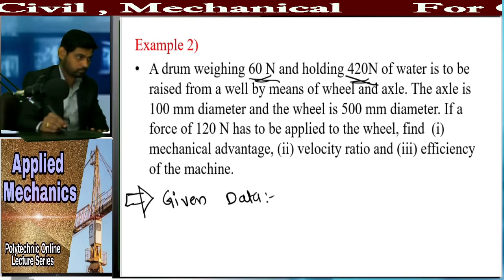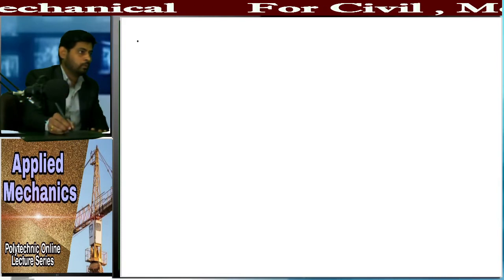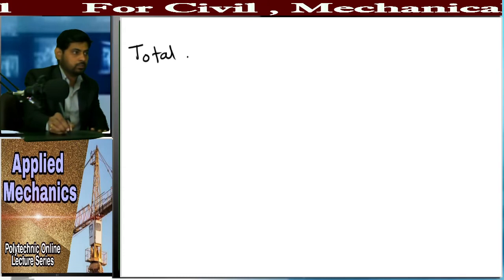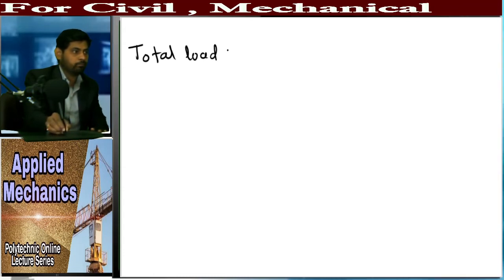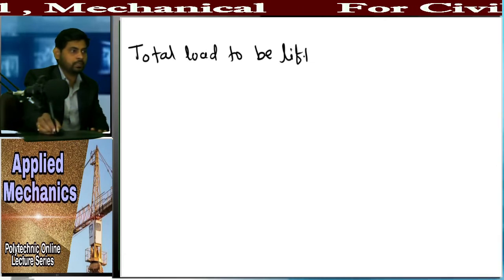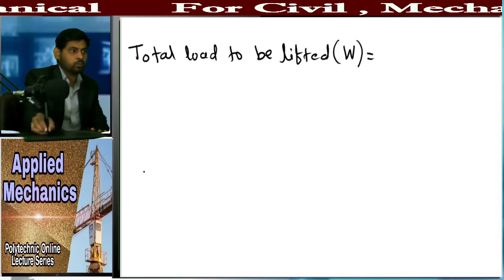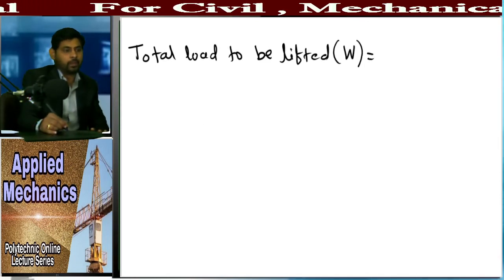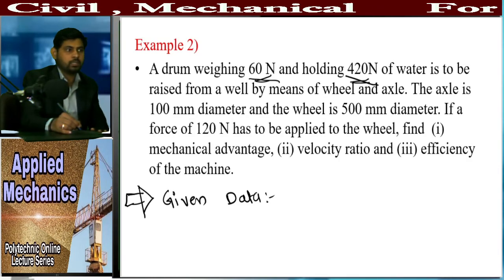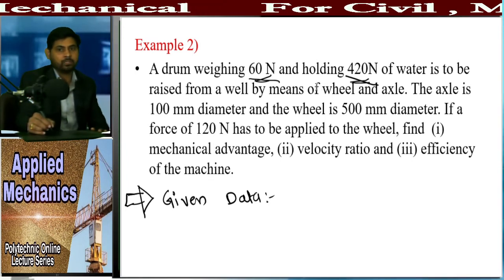So here what we have to do right now is write the given data, like total load to be lifted, that is your W. So what is the total load? Here two loads are given, 60 and 420, but we are carrying both loads.